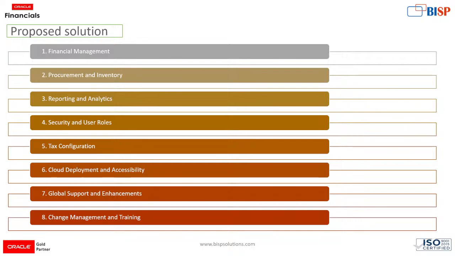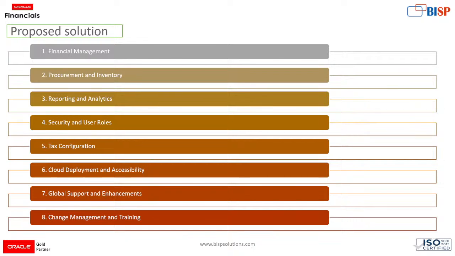So, reporting and analytics. Oracle provides a powerful financial reporting tool that enables the user to create a range of financial statements including balance sheet, income statement, and cash flow reporting.